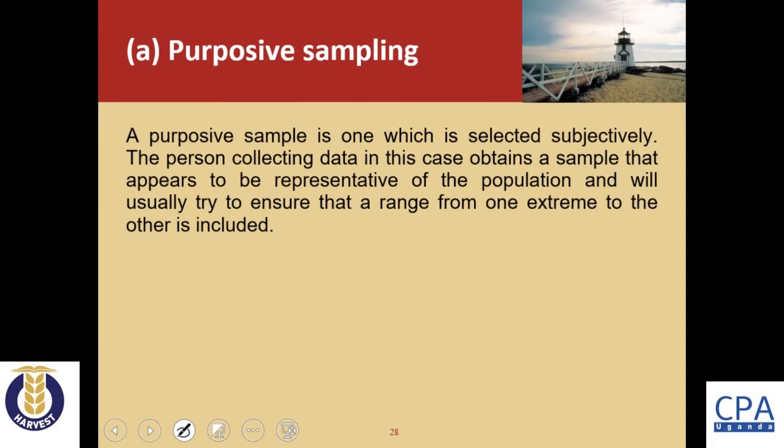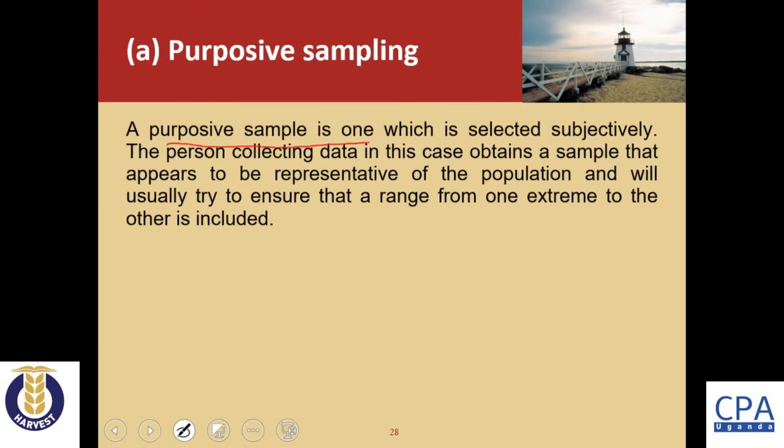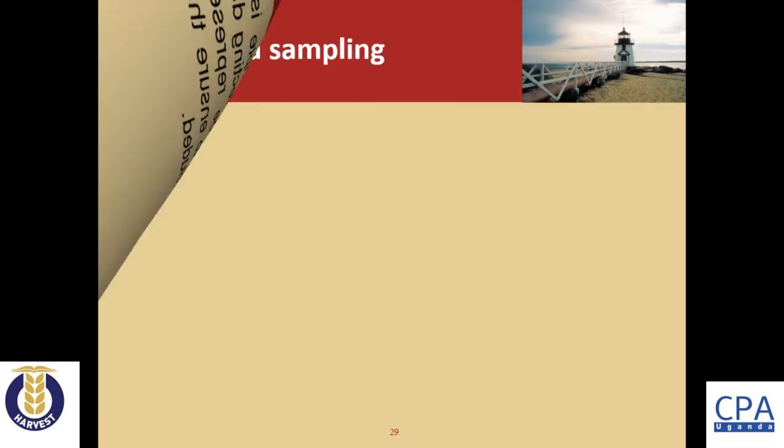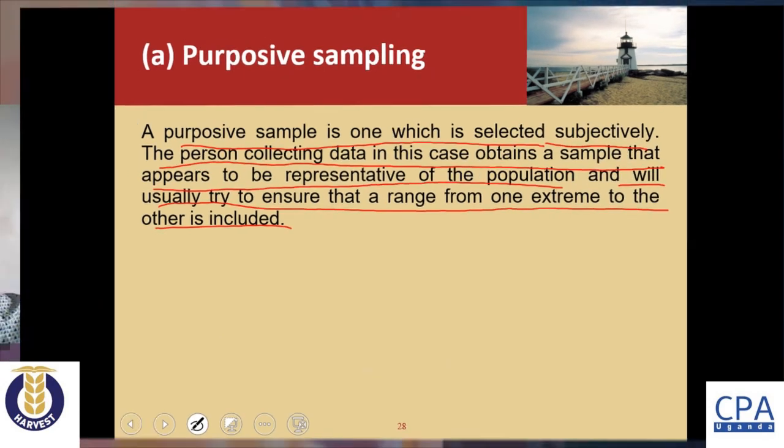So purposive sampling, we are saying, is one which is selected subjectively. The person collecting data in this case obtains a sample that appears to be representative of the population, and will usually try to ensure that a range from one extreme to the other is included. So we do some kind of purposive.